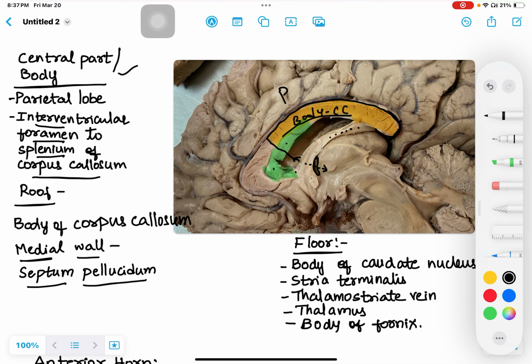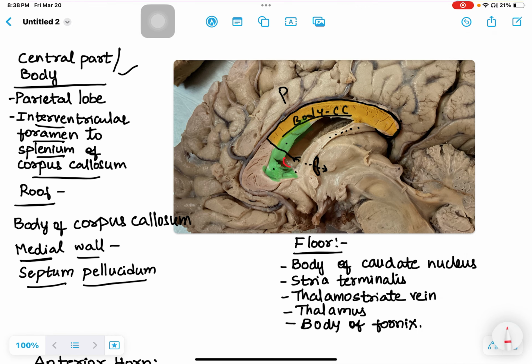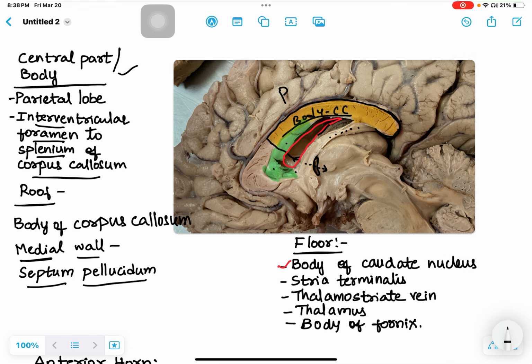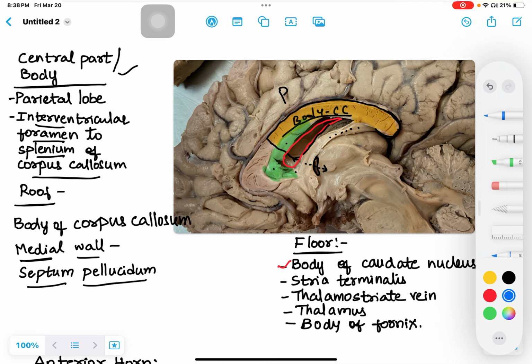If you see here, you can see a bulging. This is called the caudate nucleus. So the floor is mainly formed by the body of the caudate nucleus. Then adjacent to that you can see a thin layer of white fibers associated with a vein called the thalamostriate vein.